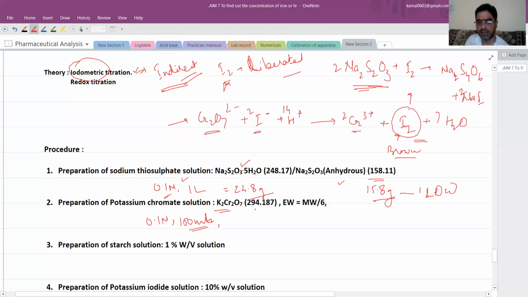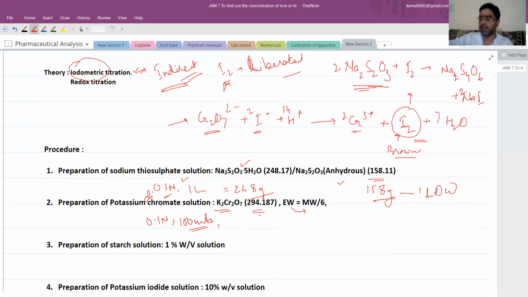Here the molecular weight of potassium dichromate is 294.187. The equivalent weight of potassium dichromate is nothing but the molecular weight divided by 6. So 294 divided by 6 will come to around 49.03. So 49.03 is the equivalent weight.